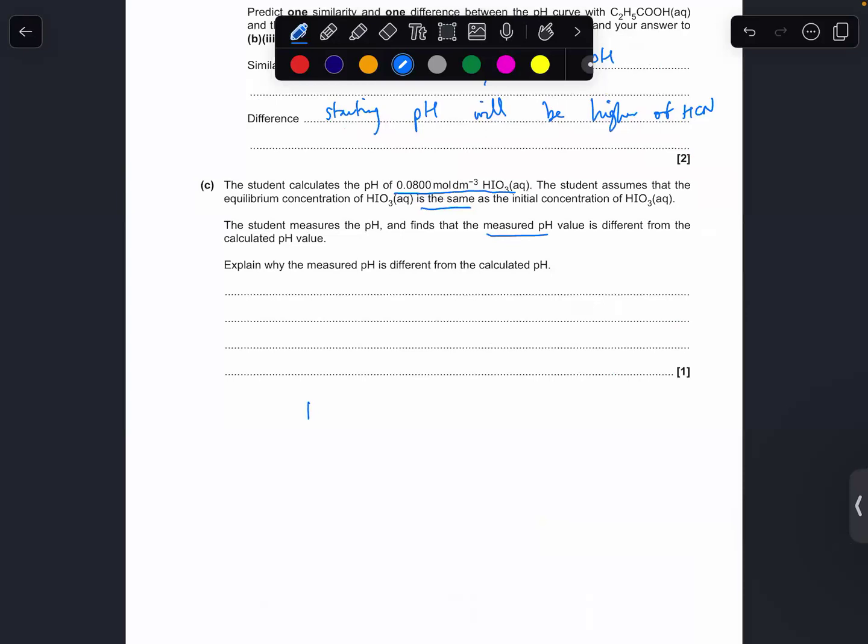You see, for iodic(V) acid, when the dissociation takes place, it gives you this, and IO3 minus. You've got the Ka value.